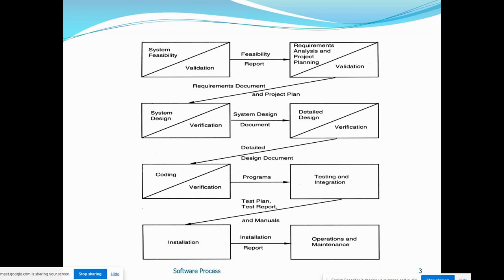Once it is approved by the project manager and vetted by the client, once both parties have vetted the SRS, then there is no need for validation. It's enough to work with verification.